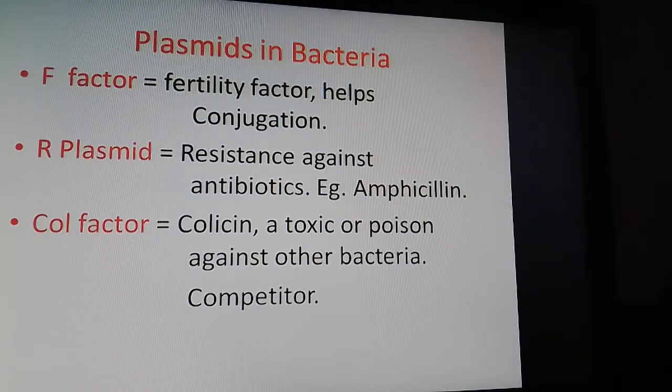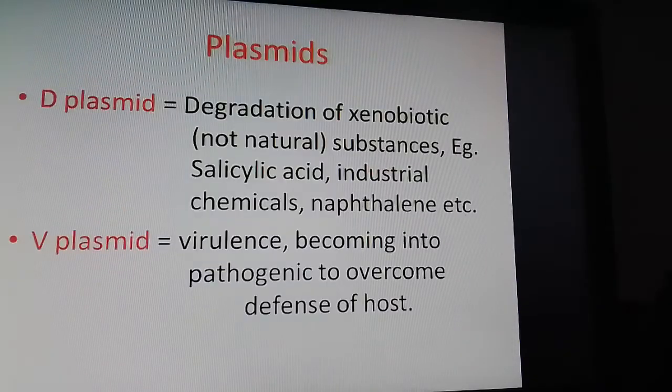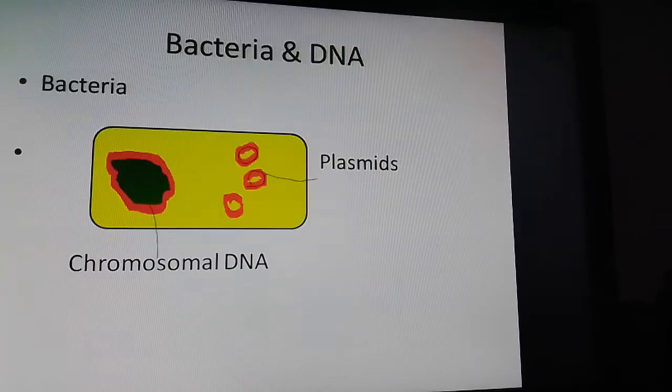And there are 5 main types of plasmids. One is F factor or fertility factor, R plasmid, cold factor or cold plasmid, D plasmid or degradation plasmid, and V plasmid or virulence plasmid.